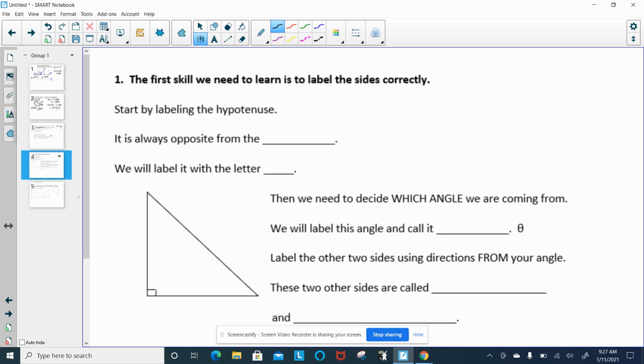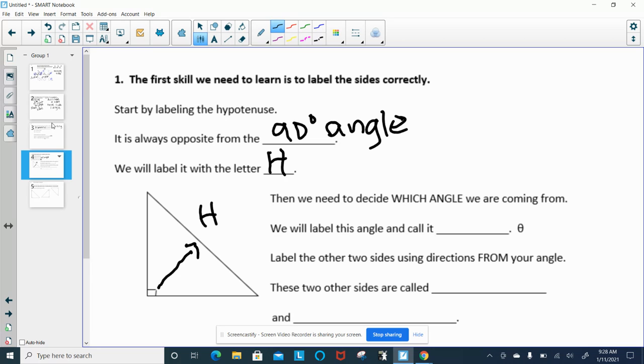Well, we already know how to label the hypotenuse. And I'm going to label that with an H. It is always opposite from the 90-degree angle. And so after doing Pythagorean theorem for a couple of days, we should know where that hypotenuse is.